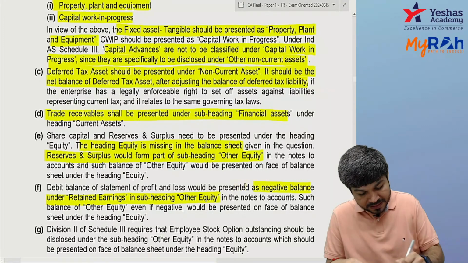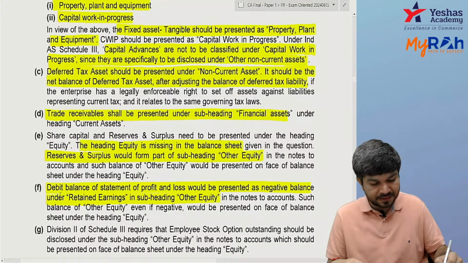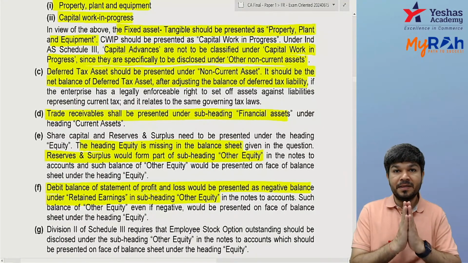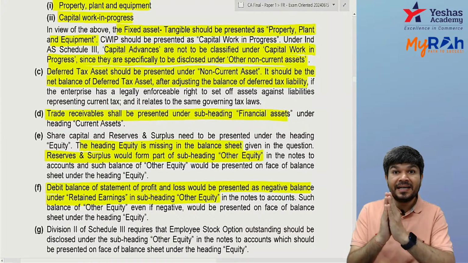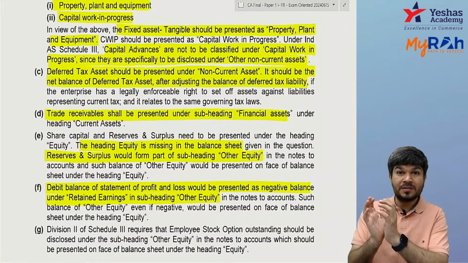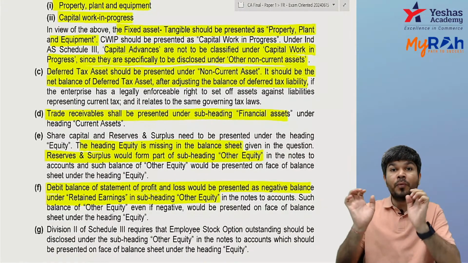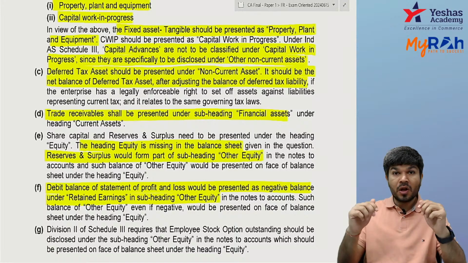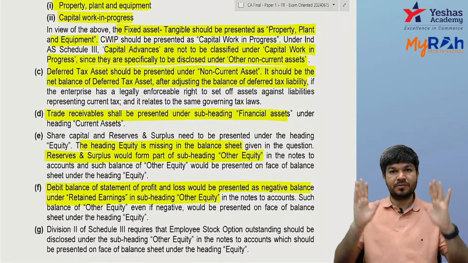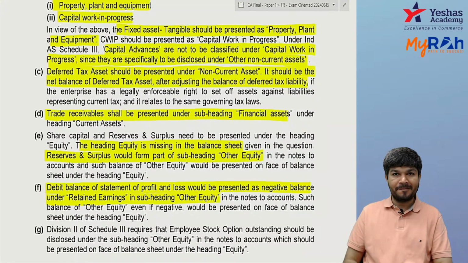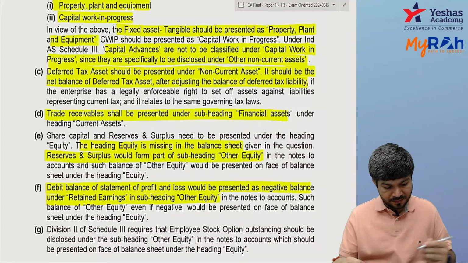It will appear as negative under retained earnings. So the P&L debit balance, you show as negative retained earnings. And because retained earnings is negative, overall other equity can be negative. Did you understand? The P&L debit balance is negative retained earnings.